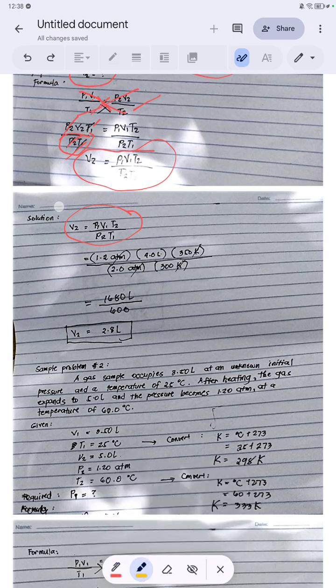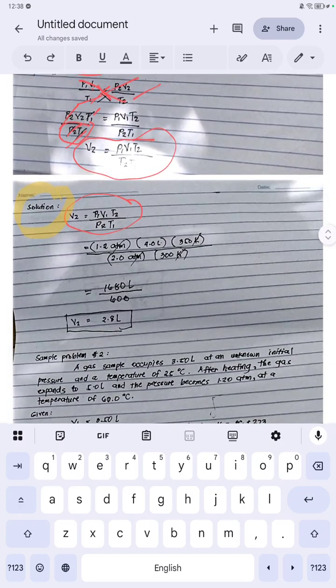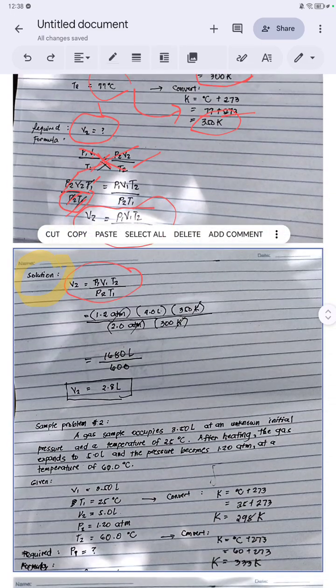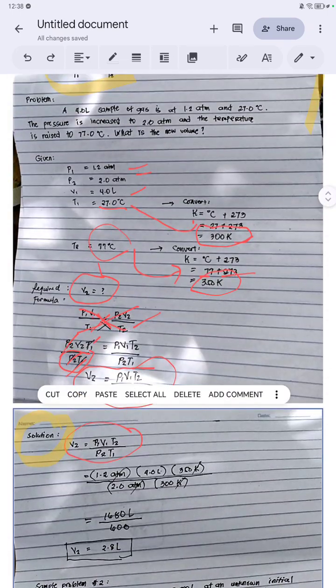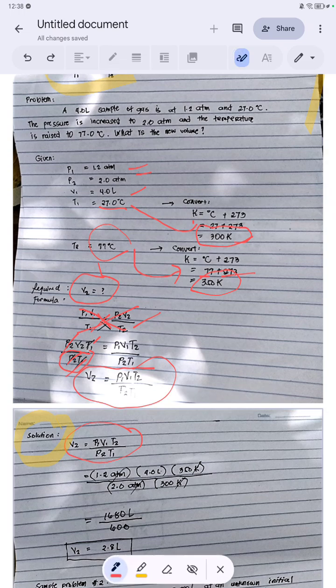Okay, here is the solution. Substitute everything. What is P1? That is 1.2 atm. V1 is 4.0 liters.